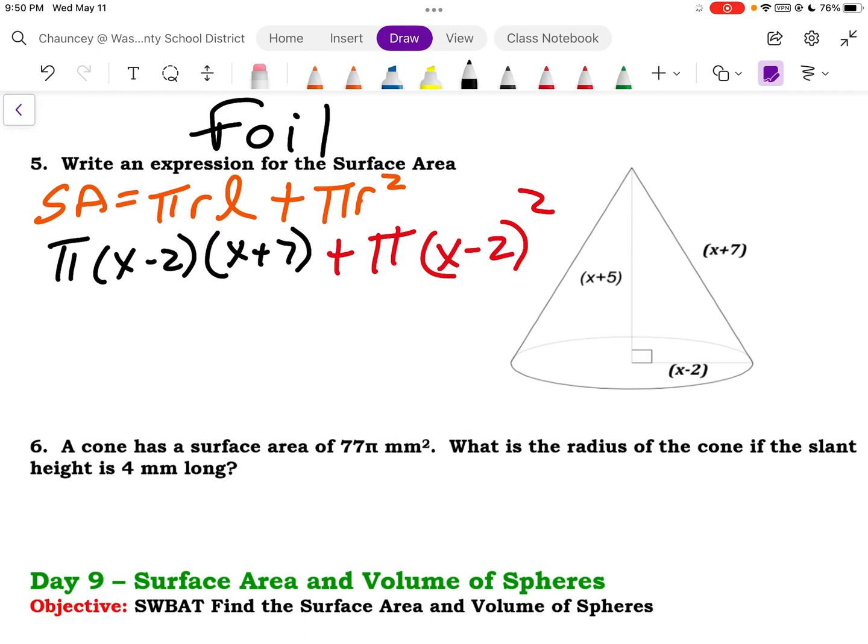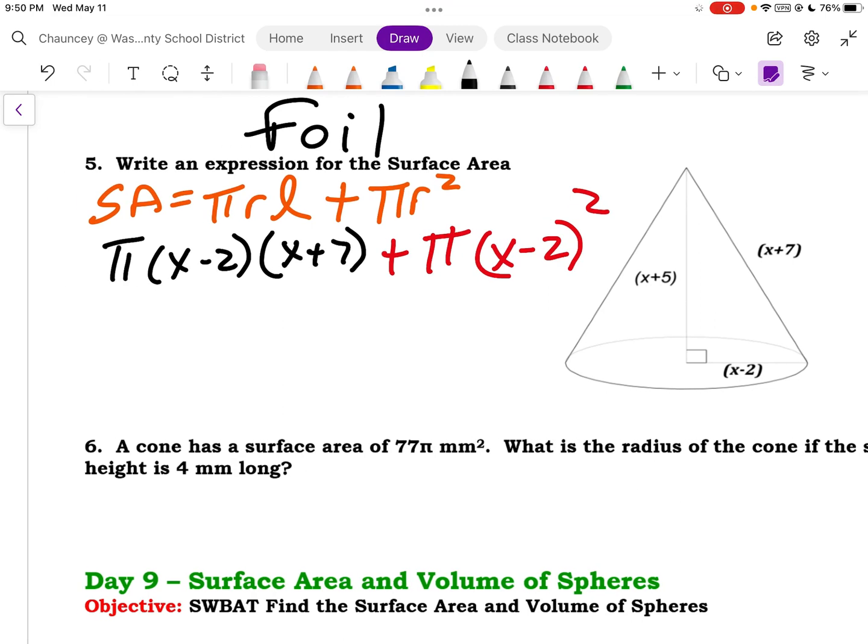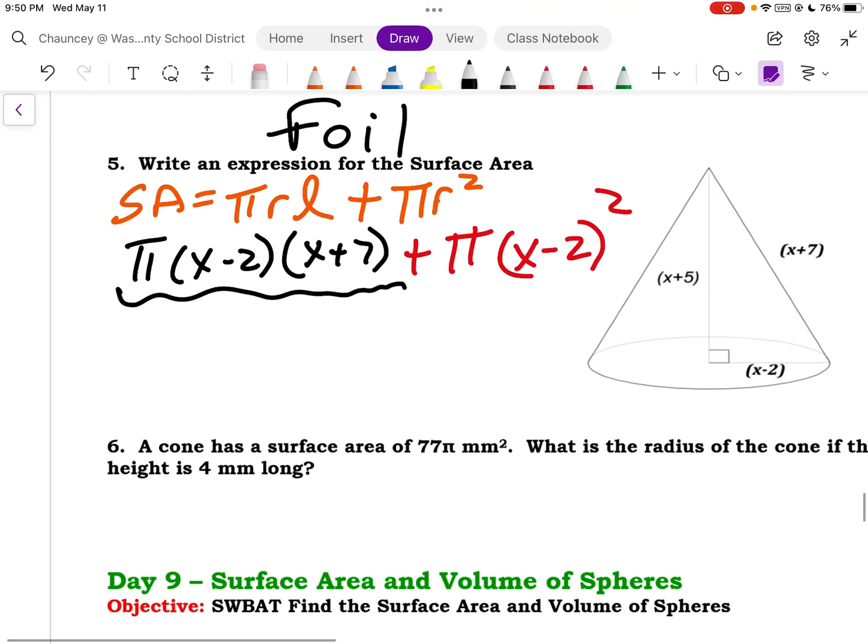We're going first, outer, inner, last. So for this first lateral area, first, x times x gives me x squared. Outer, x times 7 gives me 7x.